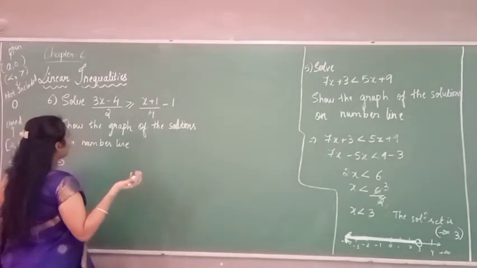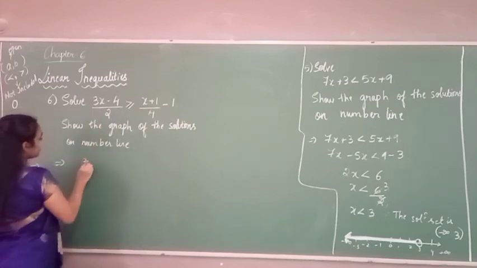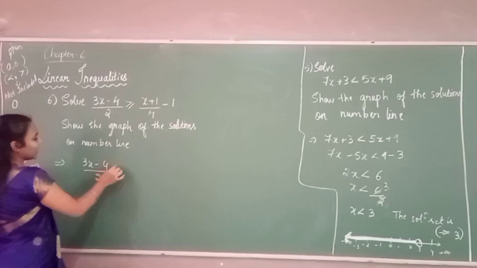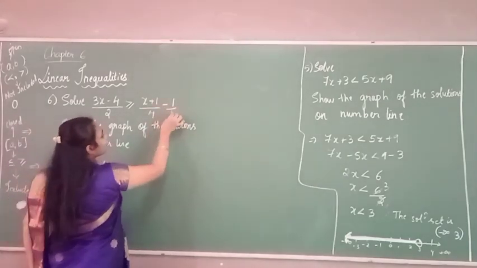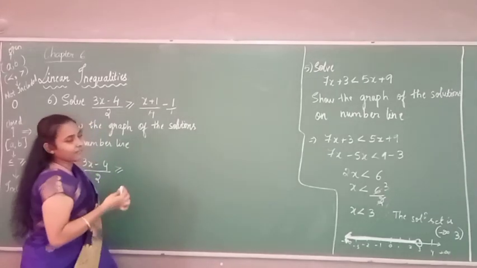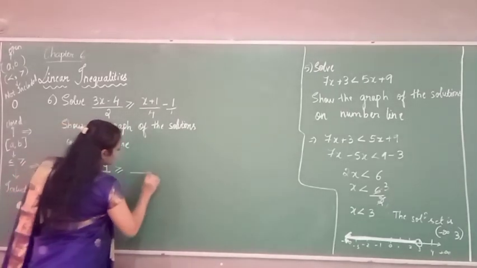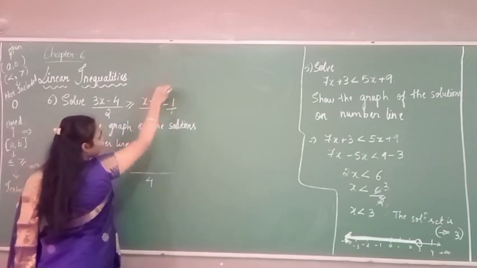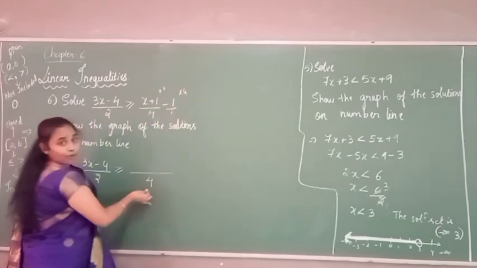I think there we did not have a fraction, but here we have a fraction. So if I consider (3x minus 4) whole divided by 2 is greater than or equal to, same way. Always remember, whenever fractions are there, just try to take the LCM and go on simplifying. So the LCM here will be 4. 4 ones are 4, 1 four is 4.